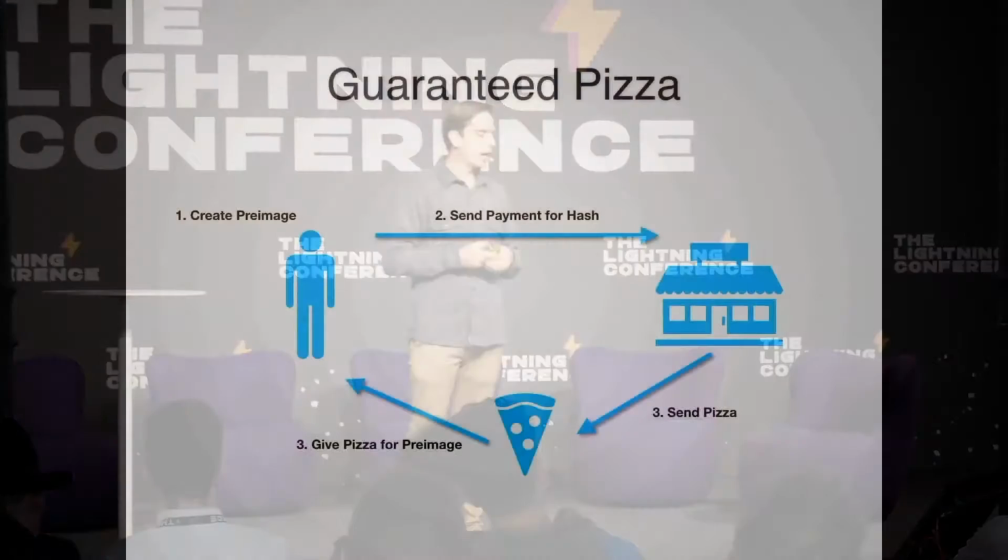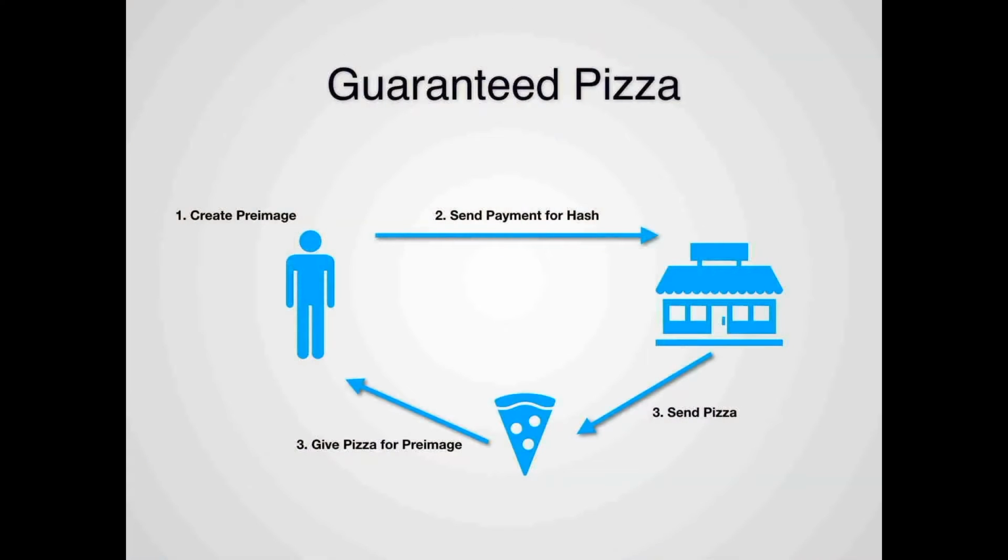But I'm also interested in how we can link these transactions with things that are not just other blockchain transactions. How do we link them to things that are happening in the real world? My favorite example of this is, again, from Alex Bosworth.